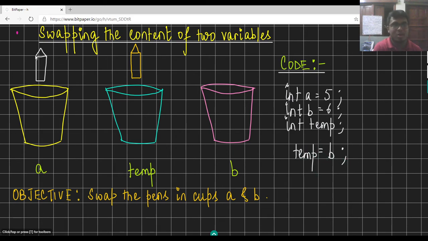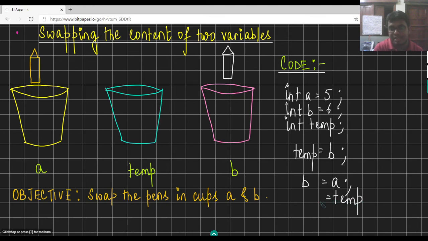The next step, we take the pen of cup A and place it in cup B. Then we take the pen in cup temp and place it in cup A. That's it.